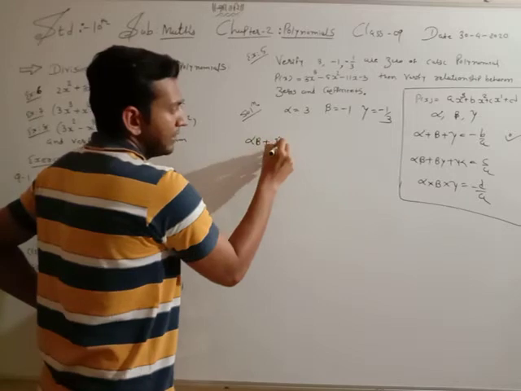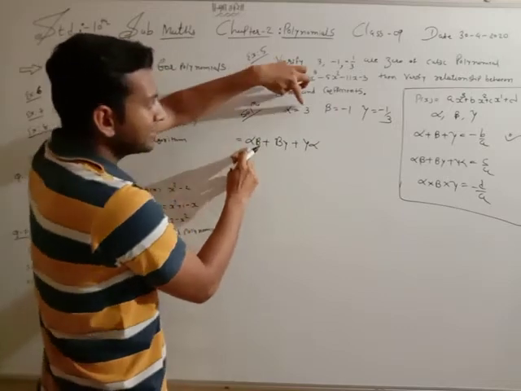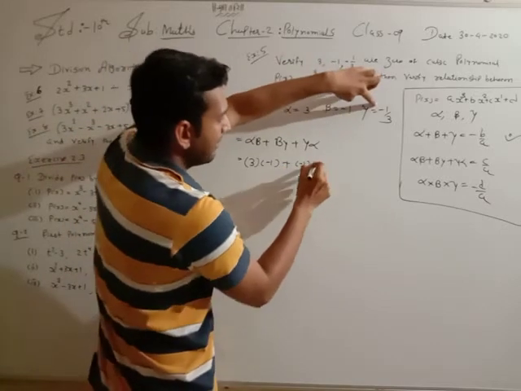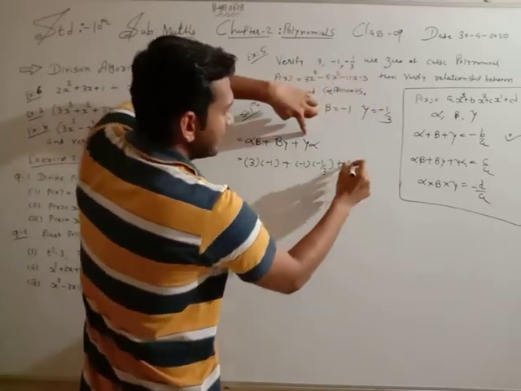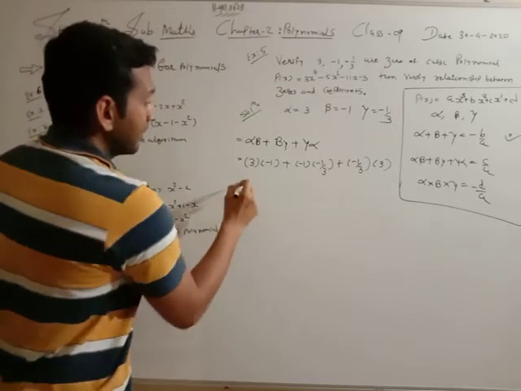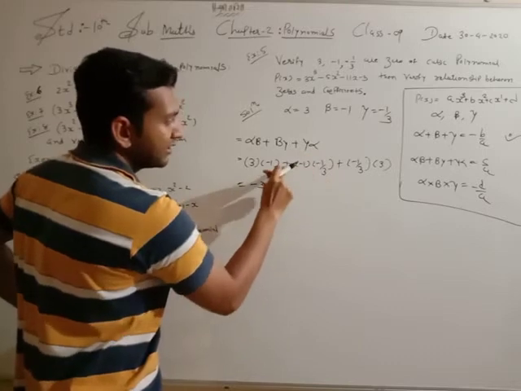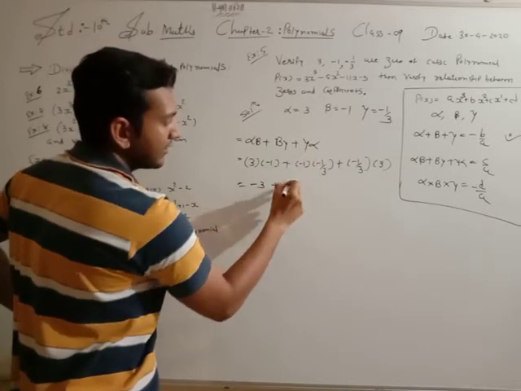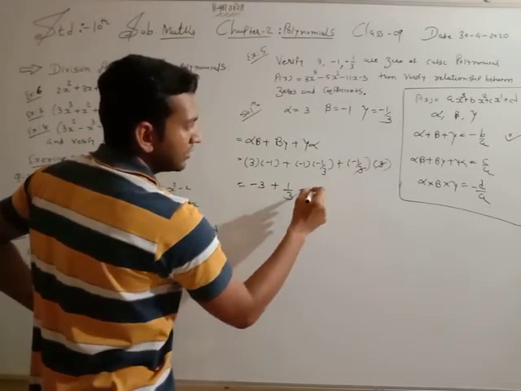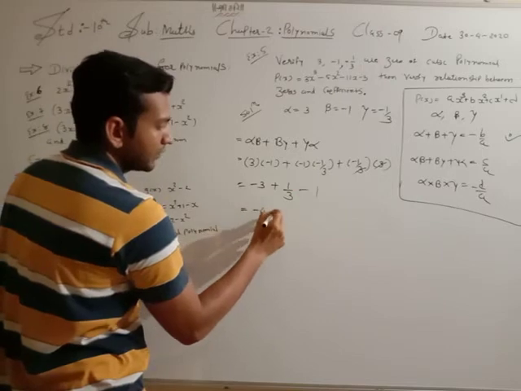Alpha beta plus beta gamma plus gamma alpha is equal to: my alpha is 3, beta is minus 1, gamma is minus 1 by 3. 3 ones are 3, minus minus is plus, 1 ones are 1, this plus as it is, minus minus plus 1 ones are 1 upon 3, plus minus minus, 3 and 3 are cancelled out, so minus 3 minus 1 is minus 4, plus 1 by 3.